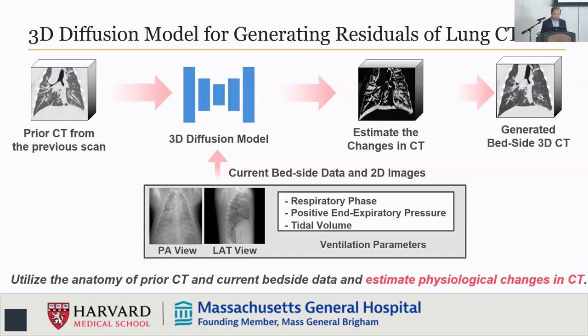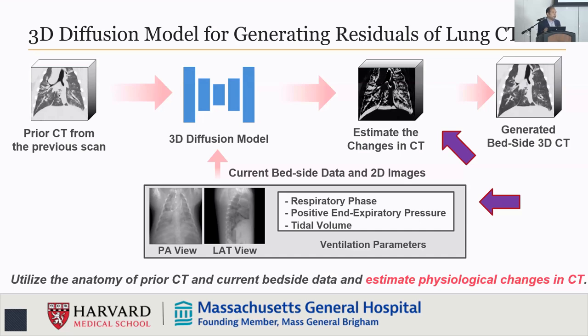The second is that the parameters you can change on the ventilator are just a few. If you have data for the same lung where you change the parameters and have a CT scan, then you can actually learn how it changes. So there are 2 key points here.